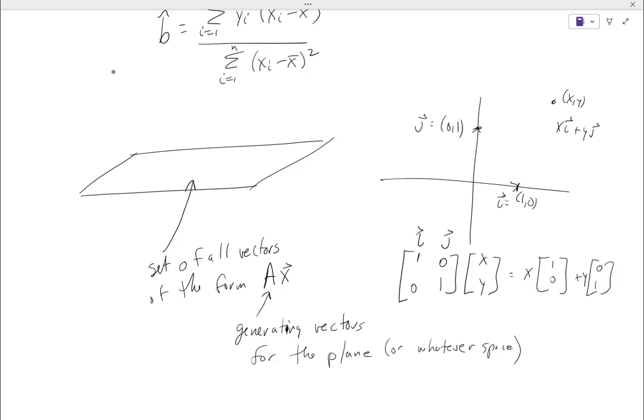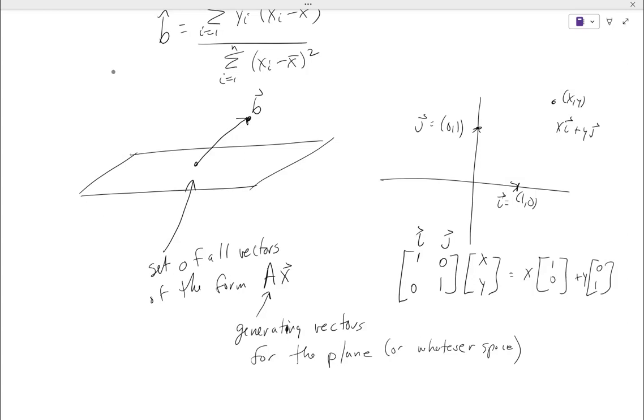Anyway, long story short, I can represent this as a matrix multiplication, just like I did over here. That's the idea. All right. Say I have some other random vector that goes up that way.